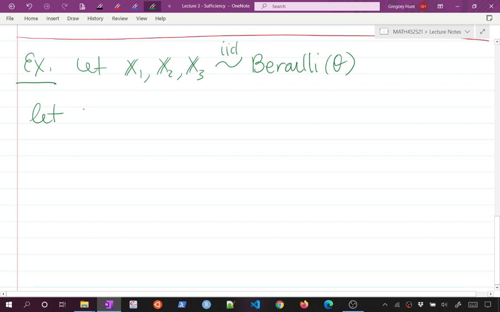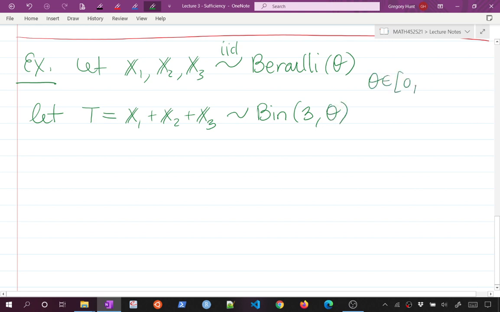We're going to use a statistic to do that and let T be the sum of these three. Now, the sum of Bernoullis should be binomial, so this should be a binomial(3, theta). So here theta is our probability. You could use p instead, it doesn't really matter.